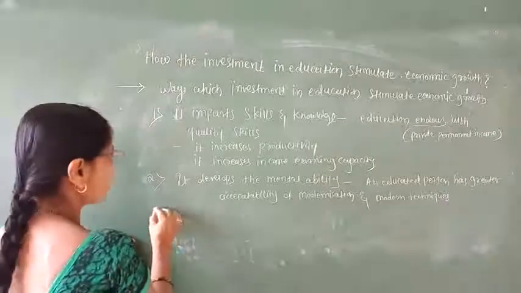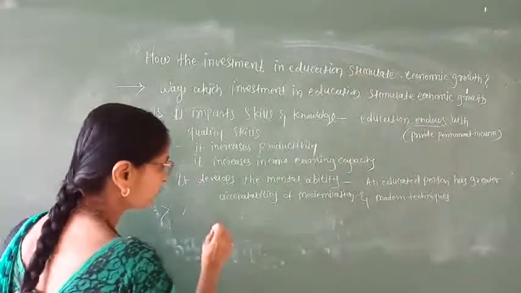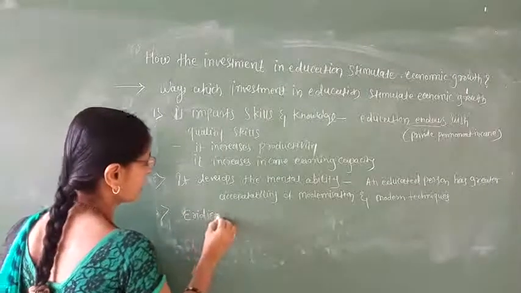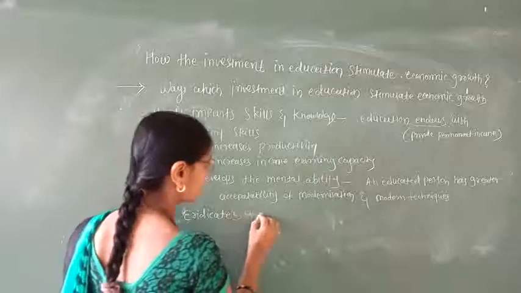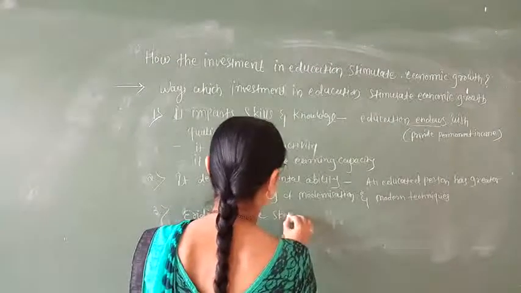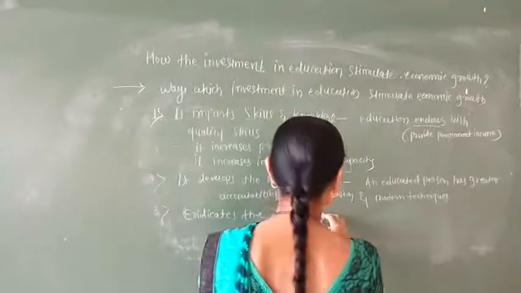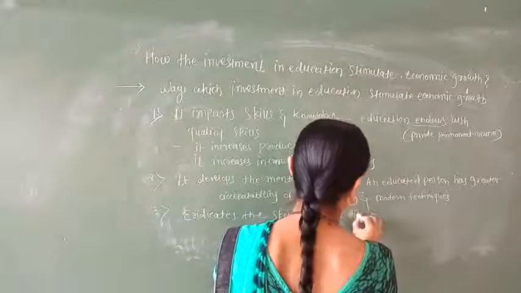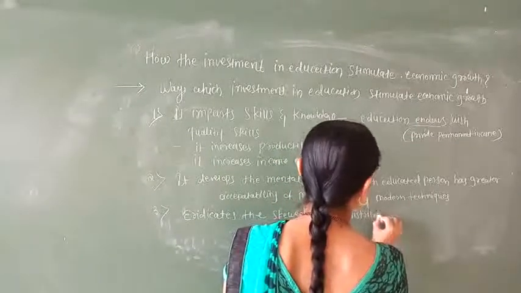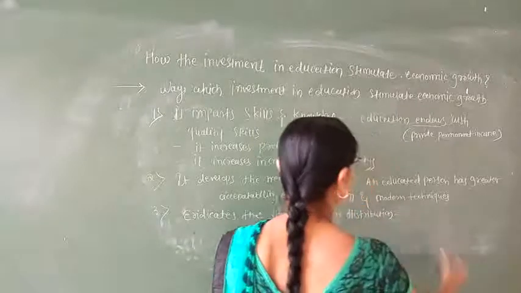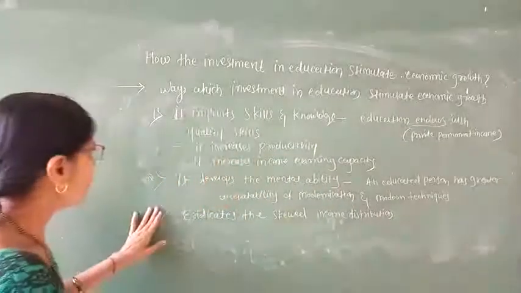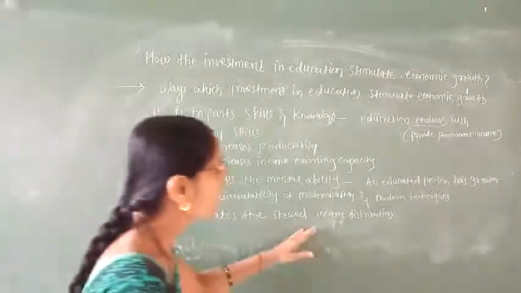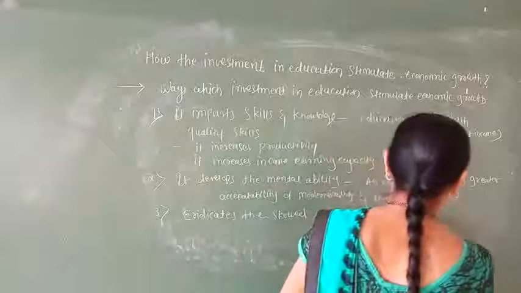Then third one is, it is a... Fourth one is... indicates the skewed income distribution.